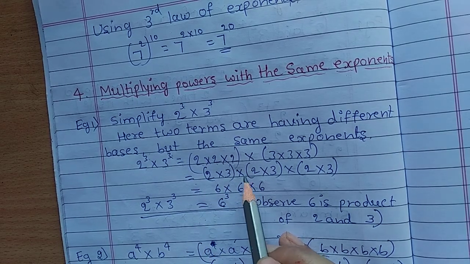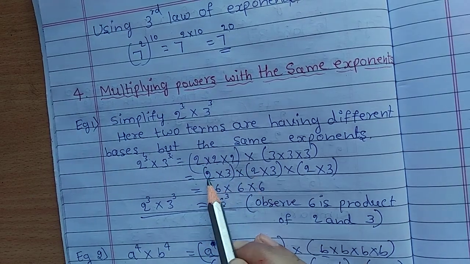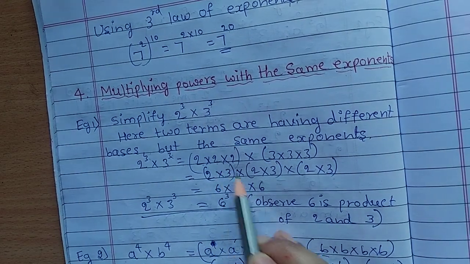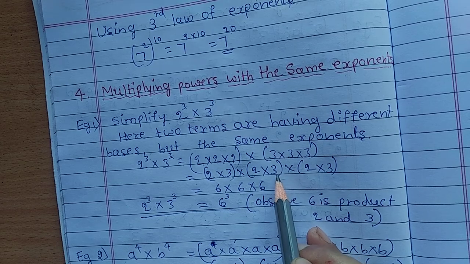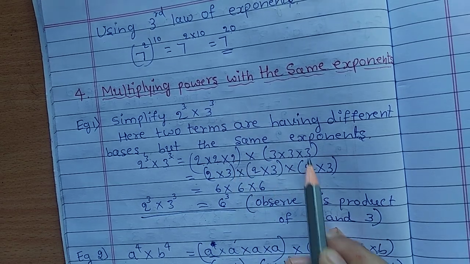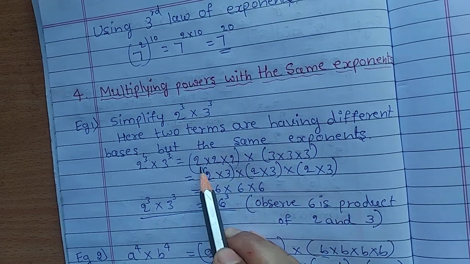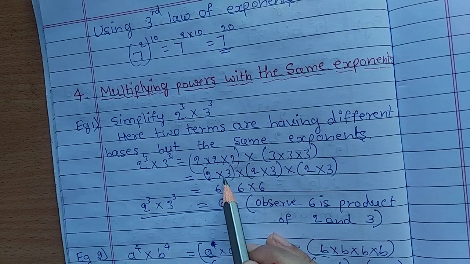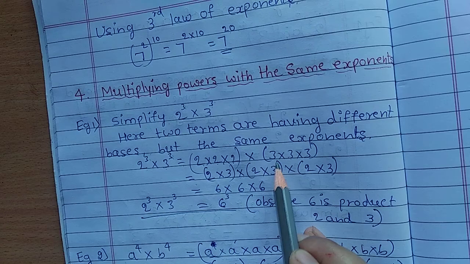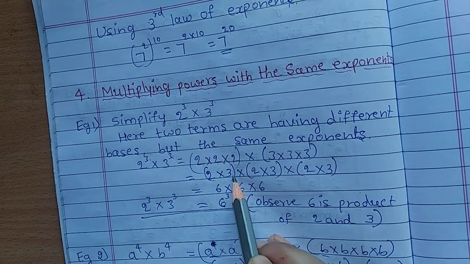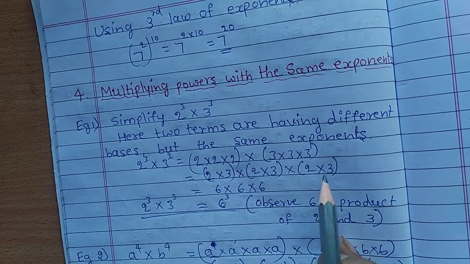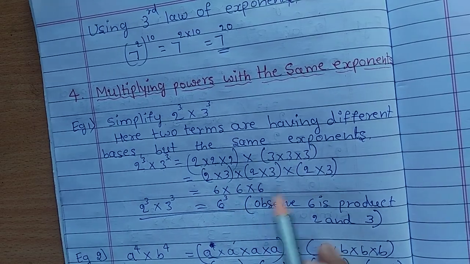I will group it as 2 into 3, 2 into 3, and the third group is 2 into 3. I have taken 2 from the first term, that is multiplied with 3 in the second term. 2 into 3 into 2 into 3 into 2 into 3. So I have written like this.